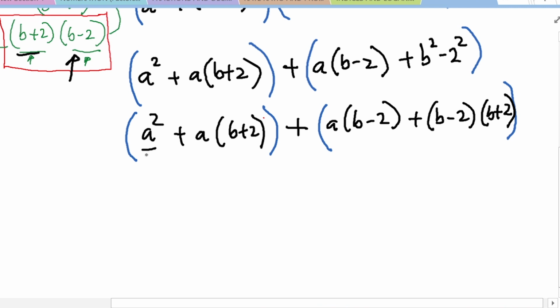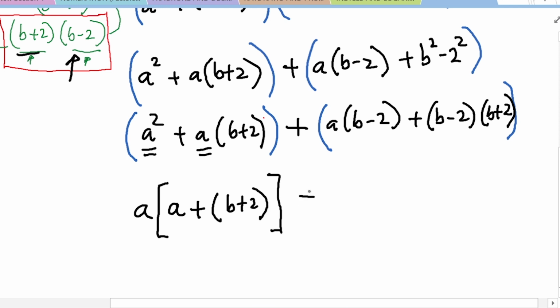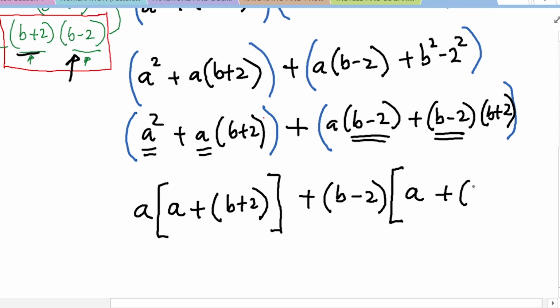If you see here, a is the common factor, so we can put a outside the brackets into here. We remain with a plus b plus 2. Okay, then we have plus. What are the common factors here? We have this b minus 2 and b minus 2 as a common factor, so we shall say it's b minus 2 into, what remains here is a plus b plus 2.